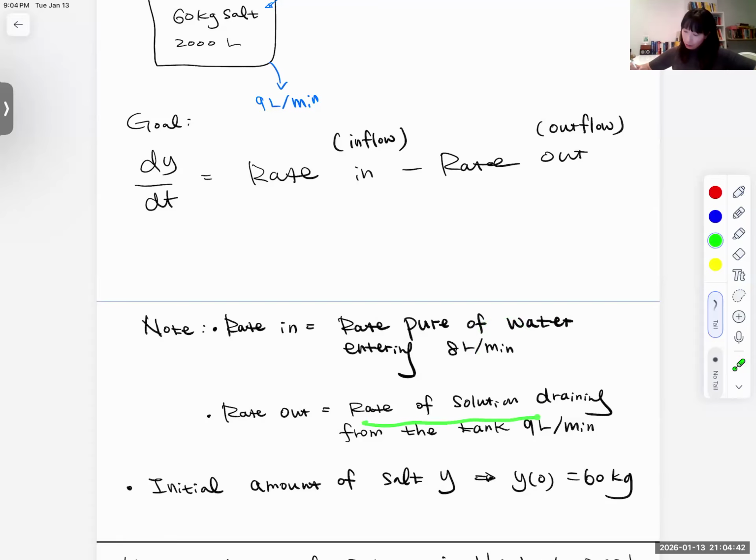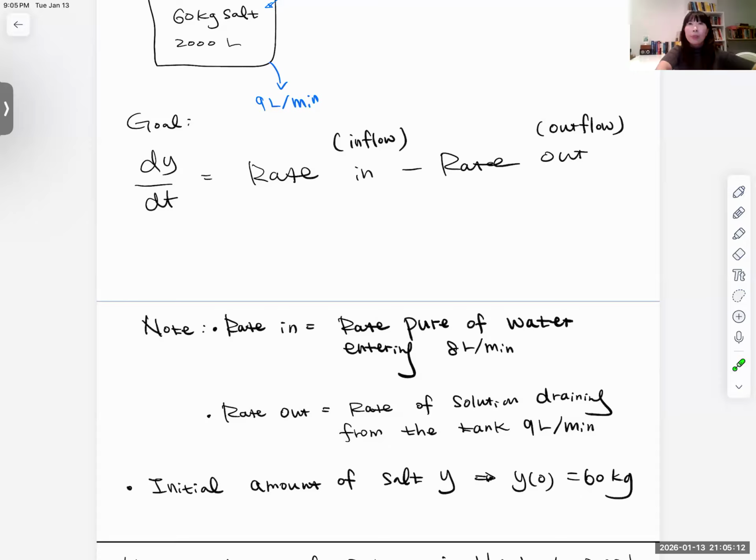We have the rate of solution draining from the tank, 9 liters per minute. And then the initial amount of salt, when t is the time in minutes, is y(0) equal to 60 kilograms of salt.